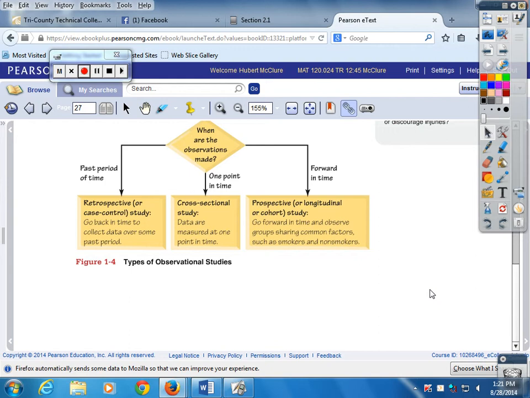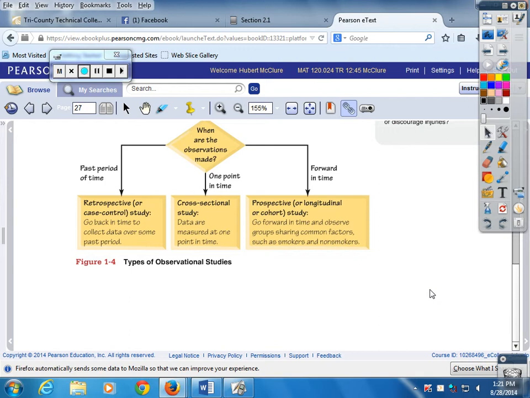Retro. Well, y'all know what retro means. What does it mean? Back in the day? Retro country music? Retro rock? Retro style?